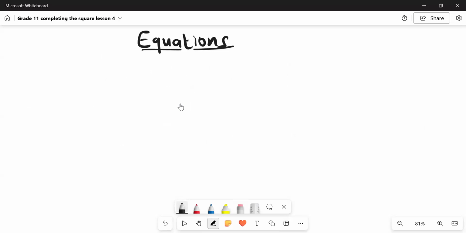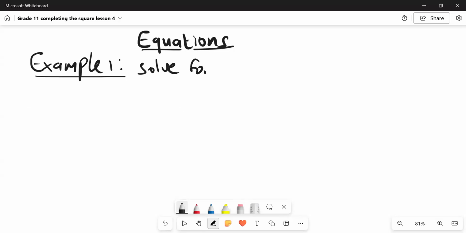So let's move to our example 1. Here they're saying we have to solve for x. So you solve for x if x squared plus 12x minus 9 equals to 0.